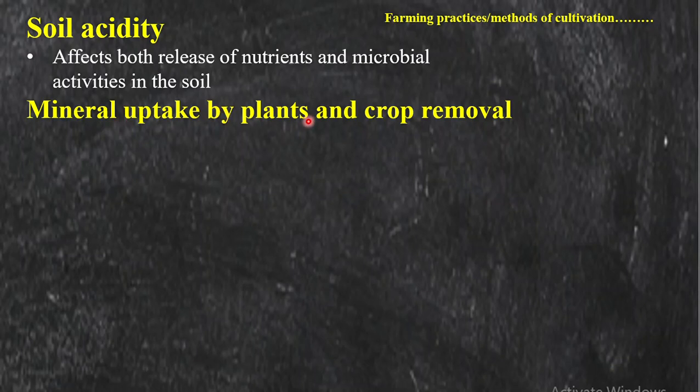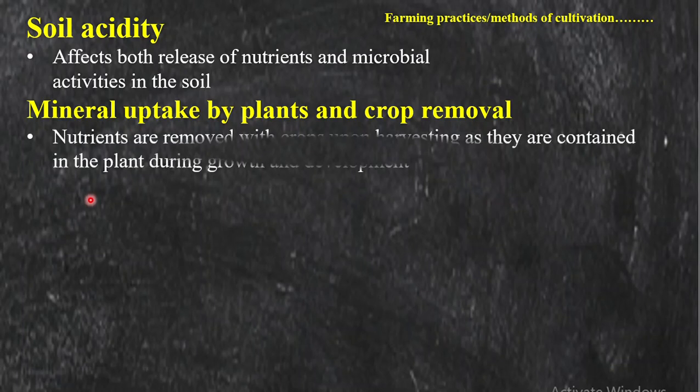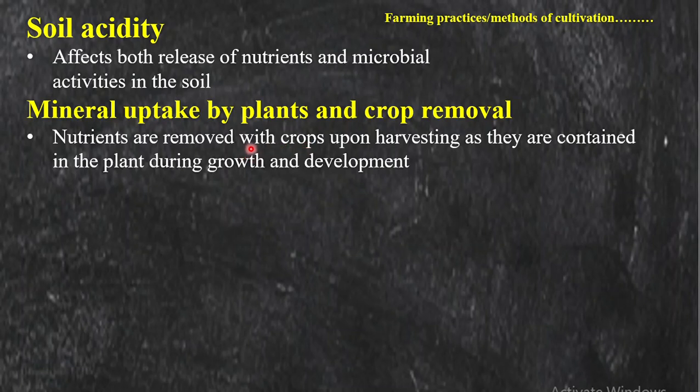Mineral uptake by plants and crop removal can also affect the nutrient status of the soil. All right, so nutrients are removed when you harvest crops. You remove nutrients from the soil with crops upon harvesting, as they are contained in the plant during growth and development.